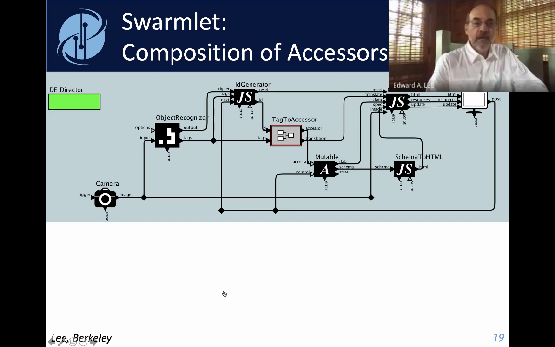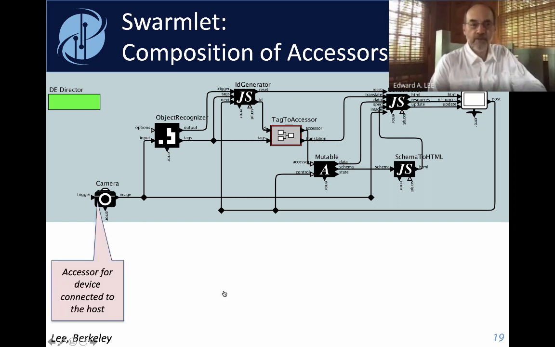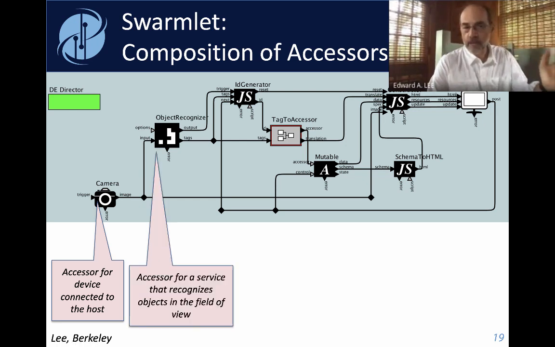But just to give you a sense of the components in Ptolemy, this is a Ptolemy actor that is designed for use with the discrete event director that produces streams of frames of video from a video camera, and then a recognizer, an image analysis component.